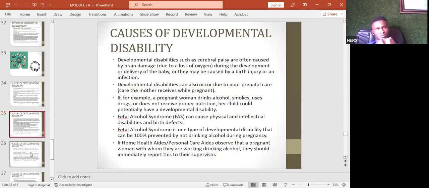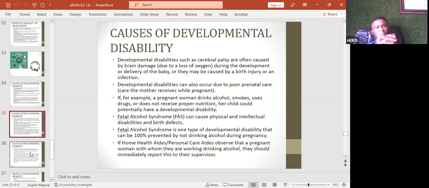Fetal alcohol syndrome is one type of developmental disability that can be 100% prevented if you don't take alcohol in pregnancy. So many diseases can be prevented. You see, the reason why developmental disabilities are so rampant in our world is because these things could have been prevented, but maternal negligence sets the child at risk.